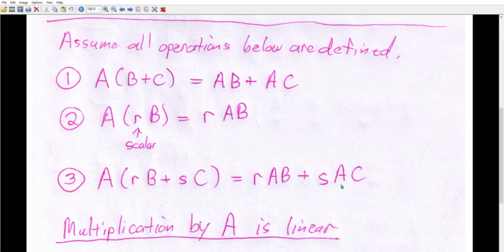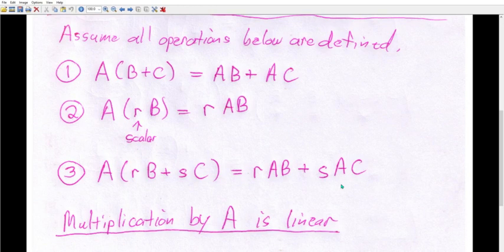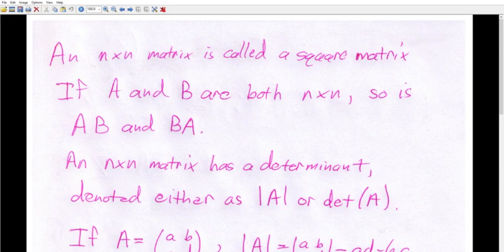Okay, multiplication by A is linear, and we could actually think of A as a linear operator. And this is going to turn out to be important because we're going to be looking at linear equations using these ideas.